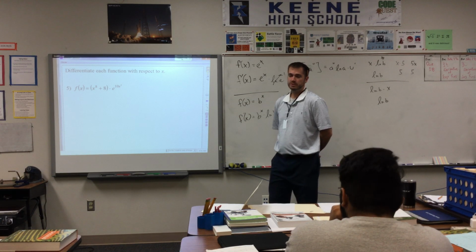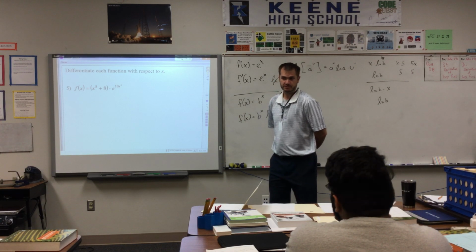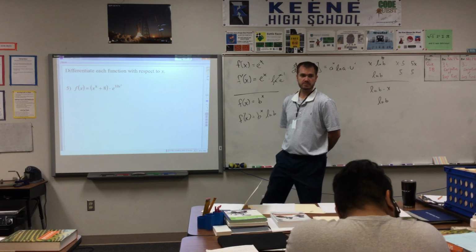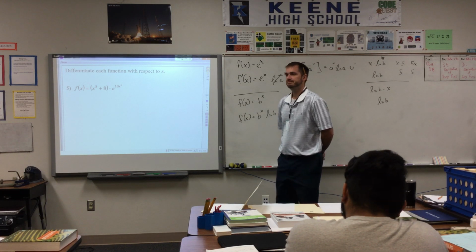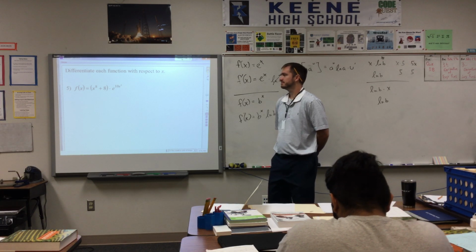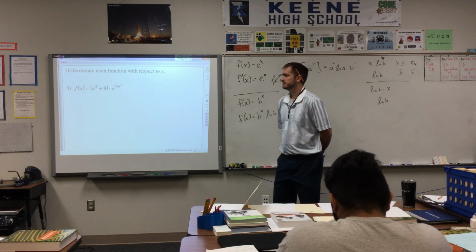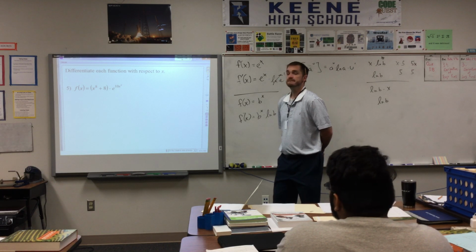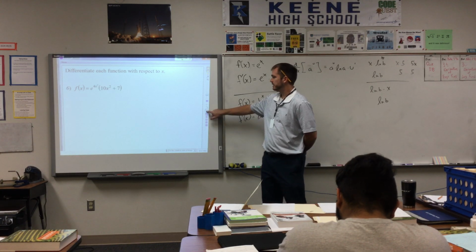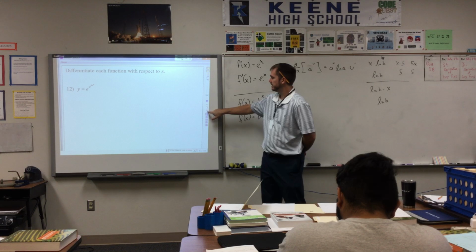Keep the first times the derivative of the second, plus the second times the derivative of the first. Emily said product rule. Product rule is right. Or you can distribute and then do product rule. So the x to the a becomes a, that would be like the first, and then the e. Good stuff. Anything out down here in the depths?